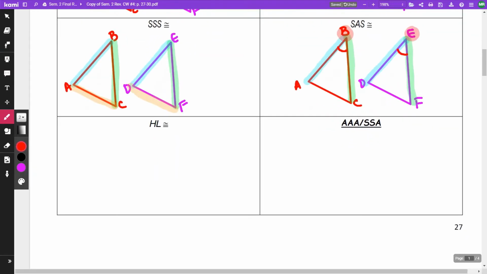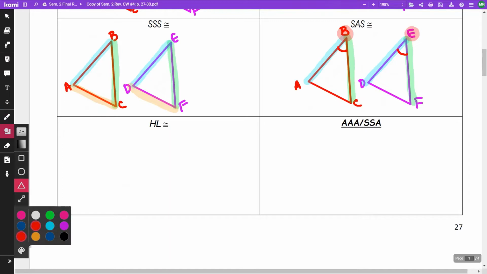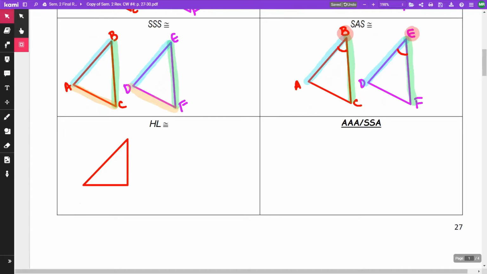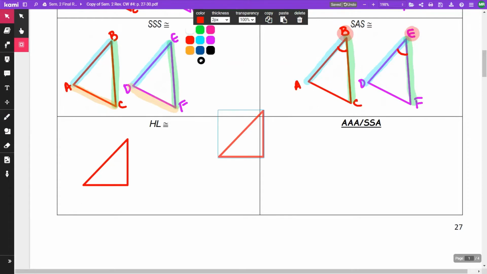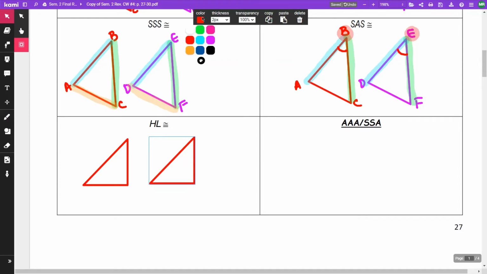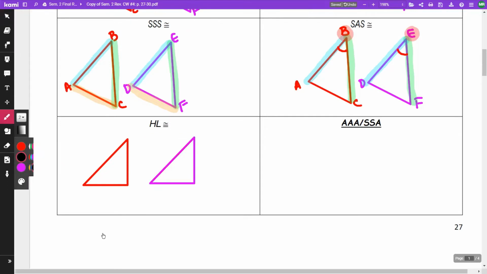Now, the next one is also a triangle congruence. So this is dealing with a right triangle. So let's say I've got this right triangle. And let me copy and paste it. And let me change the color to a different color. So each of these are right triangles.